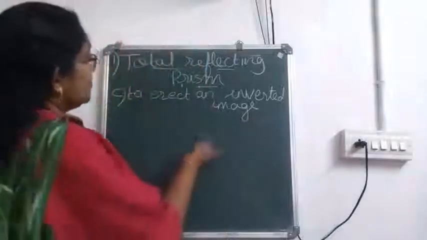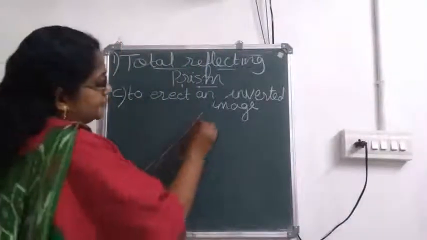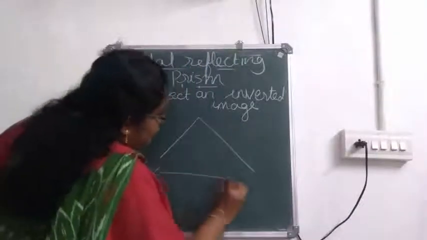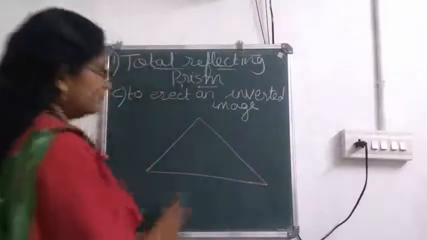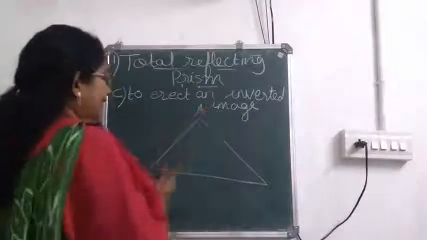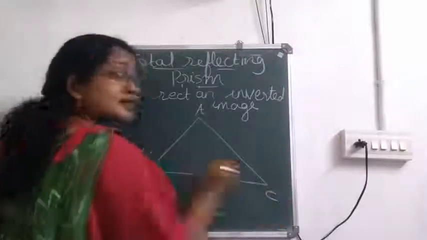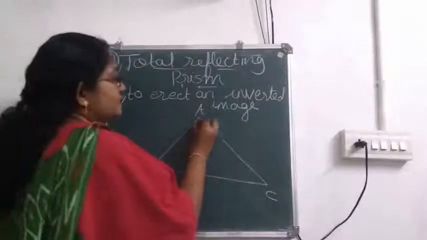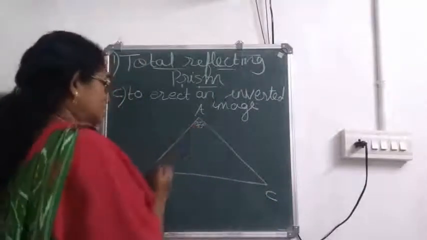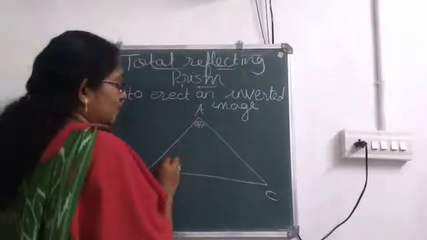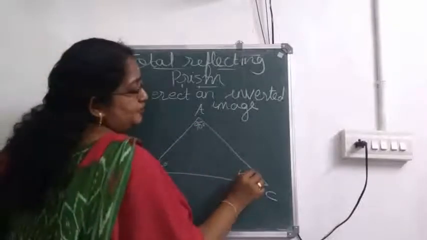Okay, so we'll check how it can be done. So I have the prism A, B, C. Let this be 90 degree and these two angles be 45 degree each.